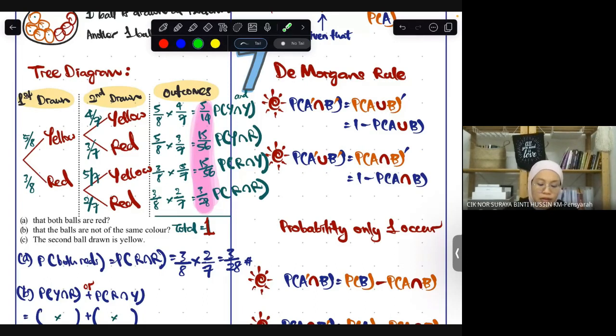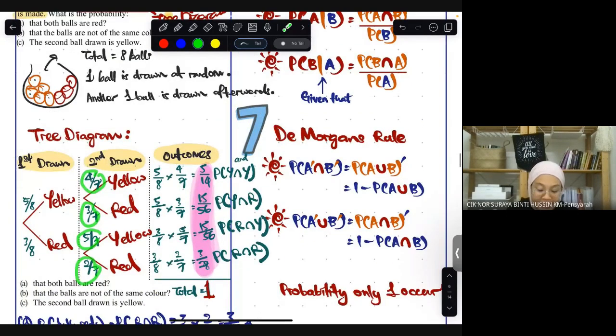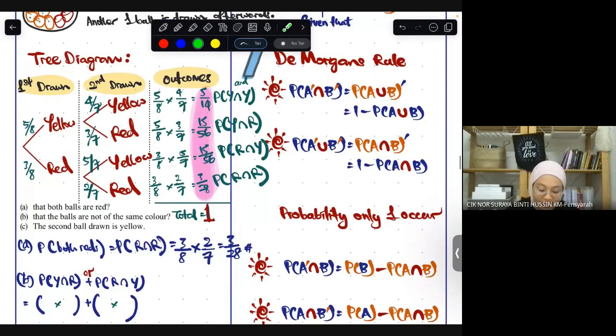So I really hope you do understand this. This one is without replacement. If with replacement, it is still 8. Some questions will test you with replacement and without replacement. If it is with replacement, it's still 8. Be careful with the tricky question that will be asked in the test.